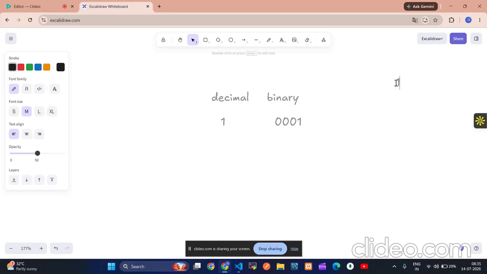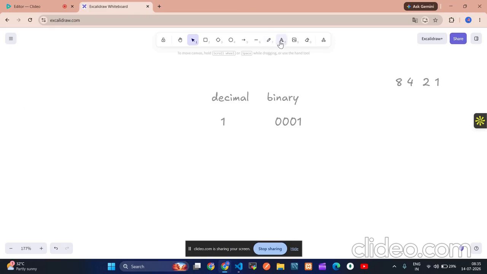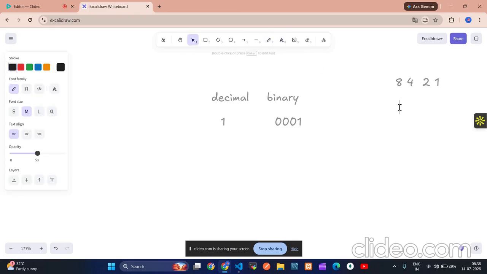The place values are 1, 2, 4, 8. When it is calculated, 8 is a 0, 4 is 0, 2 is a 0, 1 is 1, so the value comes to 1.